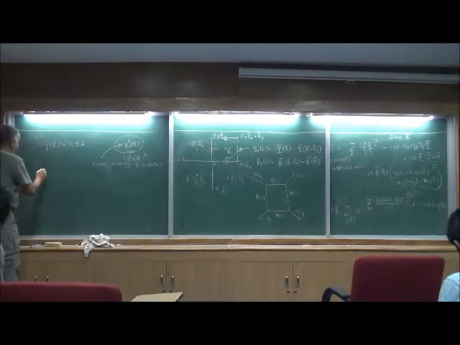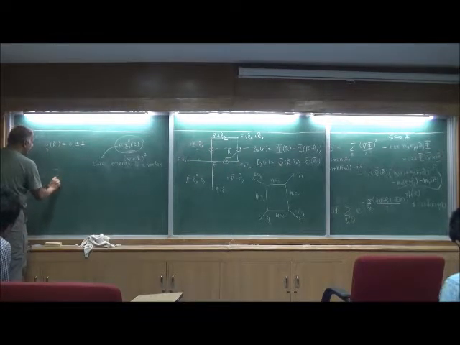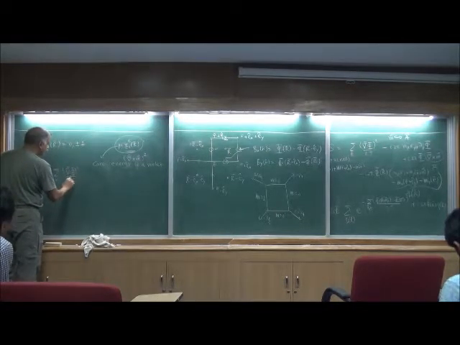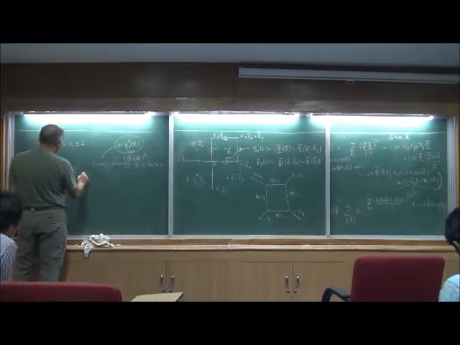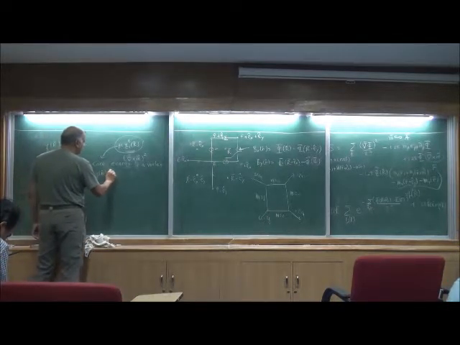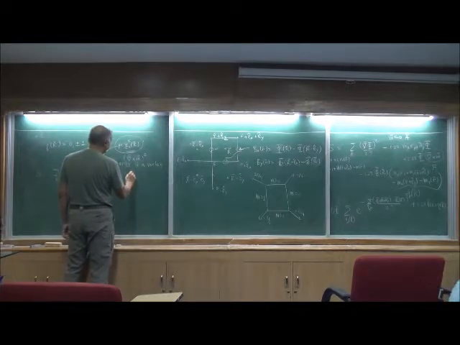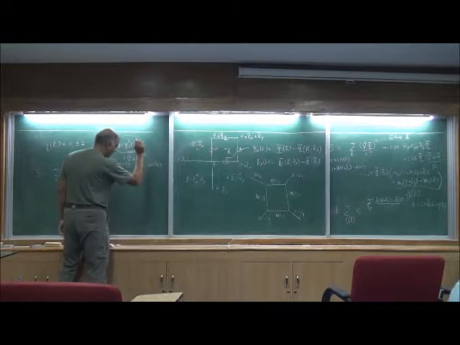What does it look like? So now my action looks like the sum over r. I'll write it in shorthand, without writing everything on the lattice. And then there will be this plus or minus 2 pi i q of r phi of r. And then there's also this term here, mu q of r squared.